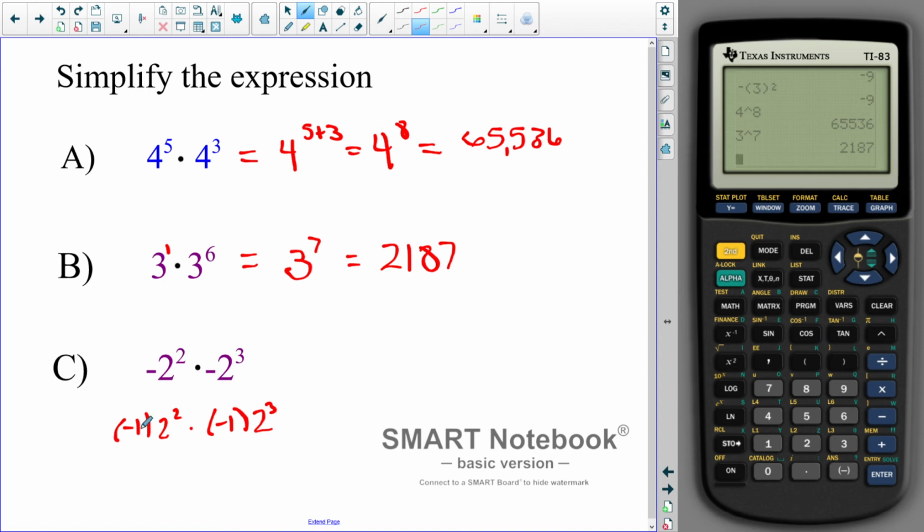Okay, so if we multiply this out, -1 times -1 is +1. And then 2 to the 2nd times 2 to the 3rd is going to be 2 to the 5th power. And so 2 to the 5th power is 32.